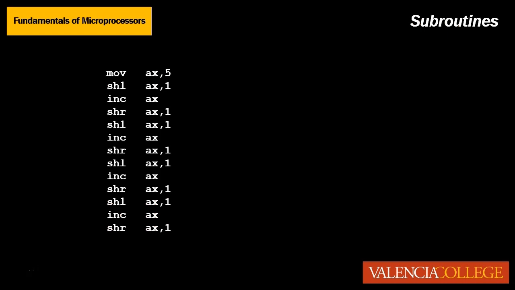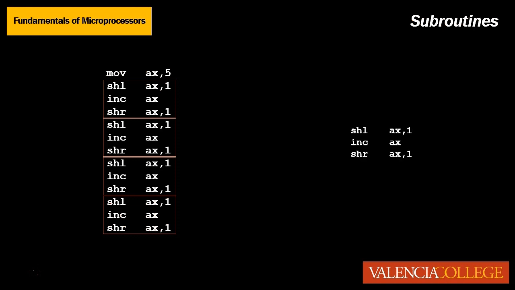But what if there was a way to tell the computer to repeat these instructions more than once? First, we could pull out one section of the repetitive code, add a name or label with the mnemonic PROC, P-R-O-C, for procedure, and then an end procedure mnemonic at the end, ENDP.